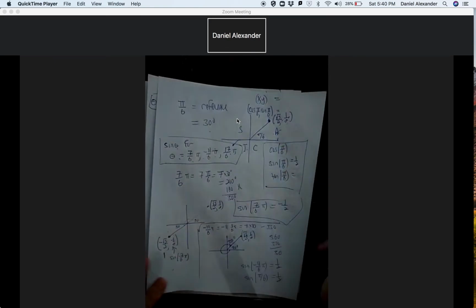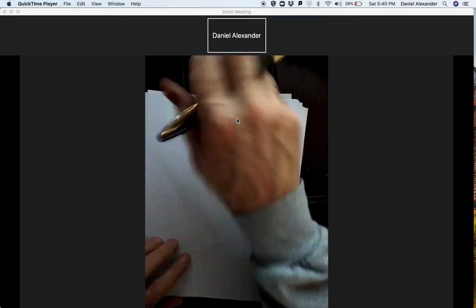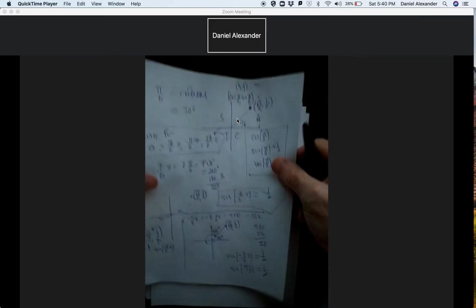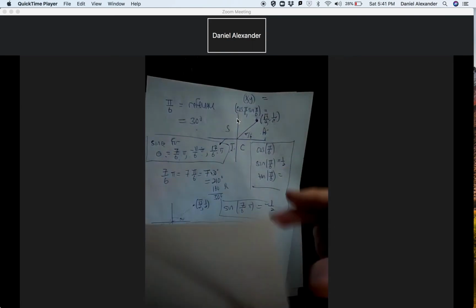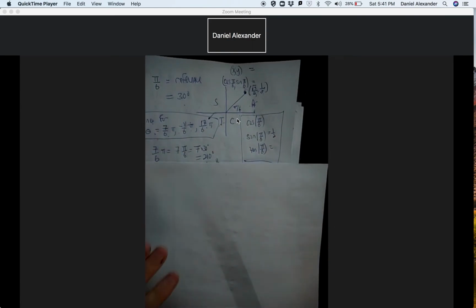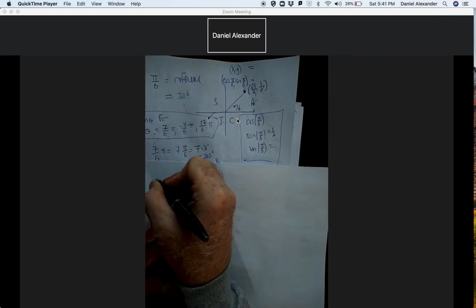We have 17/6 pi. So think about what you would do while I call that up. Let me get a piece of paper that's clear, so we can use what we did already. I'll do it similar to what I did before. We need to find the sine for 17/6 pi.